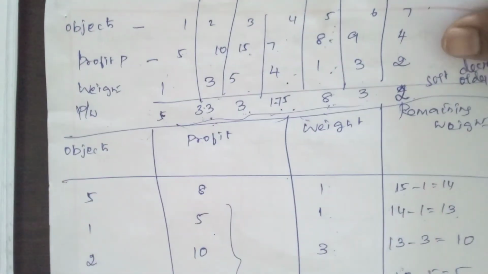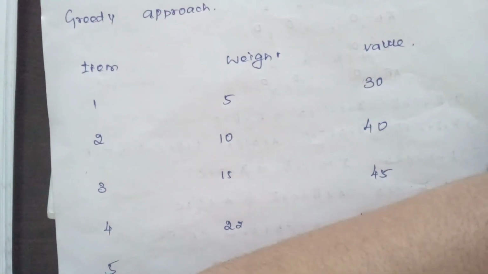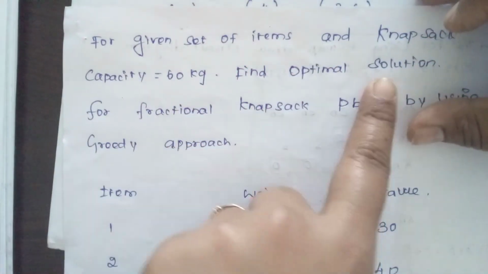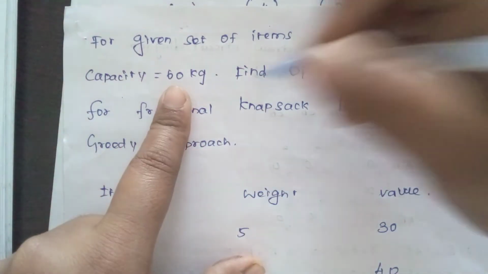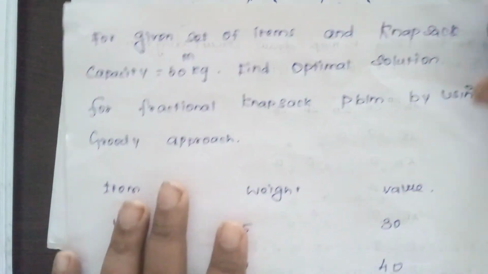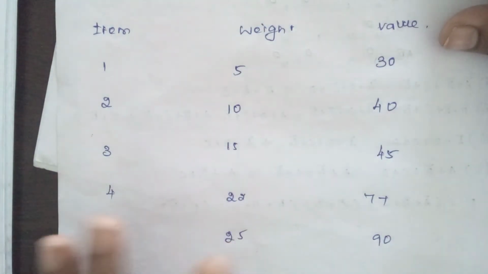Fractional problem. Yeah, in the book they will give it like this. The question will be like this: for a given set of items and knapsack capacity, that is m here, 60, find the optimal solution for fractional knapsack by using the greedy approach. Items, weight, value will be given like this.